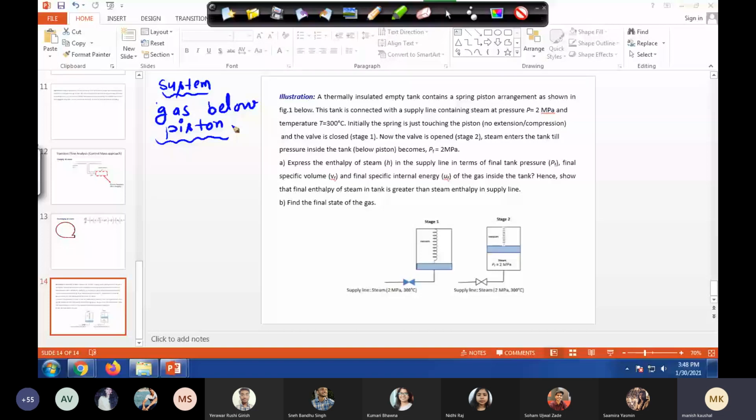Don't you think so? Think over it. So it's not a control mass problem. Since the mass below the piston inside the tank will increase with time, it's not a control mass problem.